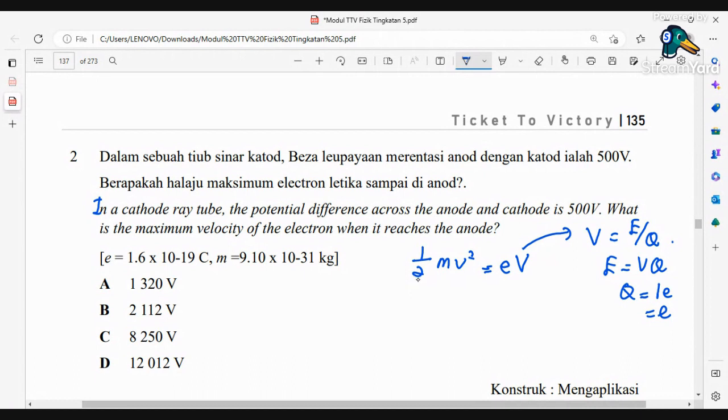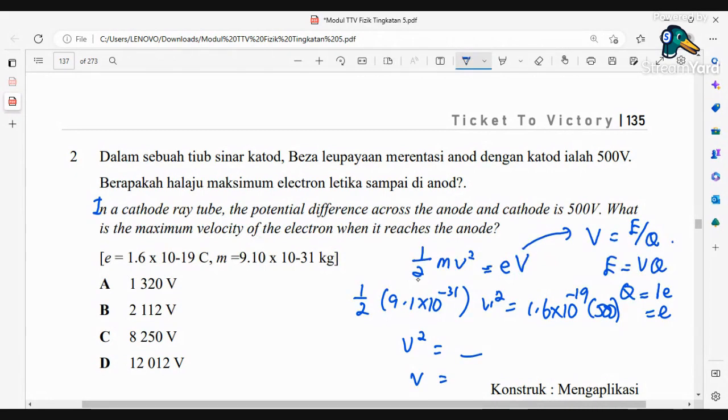Okay. So you just substitute all the values. This is the mass of one electron, velocity of electron, charge of one electron, and voltage of the power supply. So half times 9.1 times 10 to the power of negative 31 times v squared equals 1.6 times 10 to the power of negative 19 times 500. So calculate for v squared, so we get v.